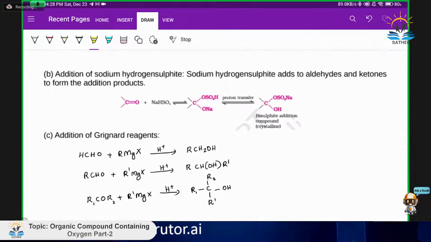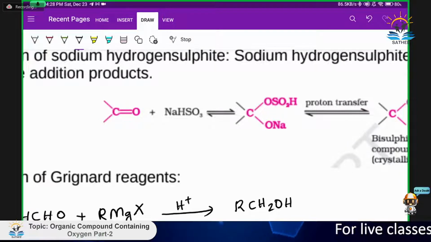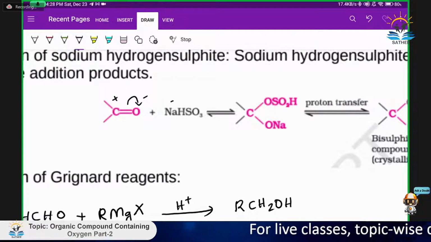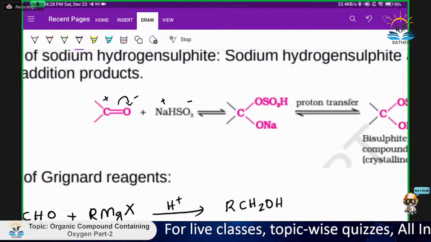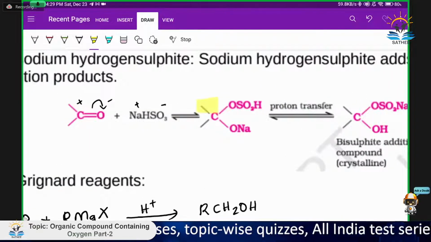Second reaction is addition of sodium hydrogen sulfite. Sodium hydrogen sulfite adds to aldehydes and ketones to form the addition products. So here also it is the same. We get a negative charge on oxygen, carbon will have a positive charge, and in NaHSO3, Na will be positive and HSO3 will be negative. So we will get the product like this here.